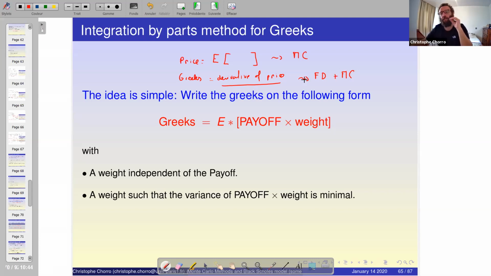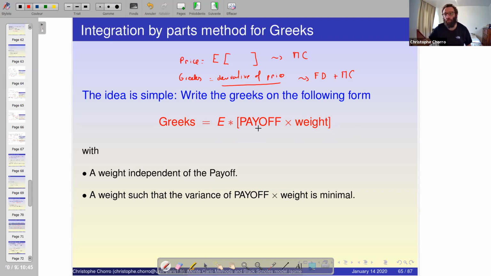So the idea is very simple. I want to pass from this situation to the previous one. That is, instead of having the derivative of a price that imposes on me these two types of approximation, I want to come back to this case. And the idea is to try to be able to write the Greeks, that is the delta, the gamma, or the vega, in the following way.